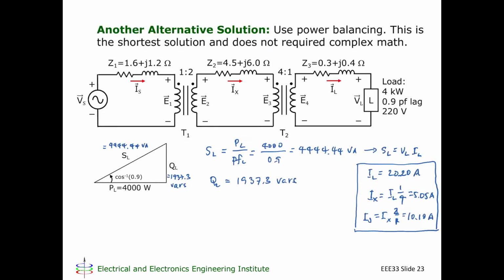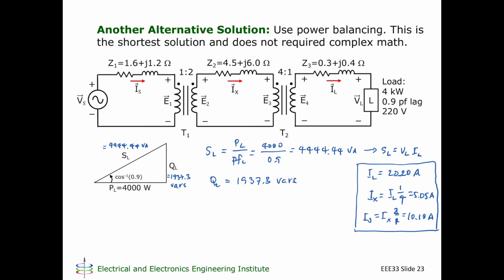What am I going to do? I can compute now for the power that is delivered by the source. Where will that power go? The power delivered by the source, part of it will be lost in R1, the resistive component of Z1. Part of that will be lost in R2, the resistive component of Z2.